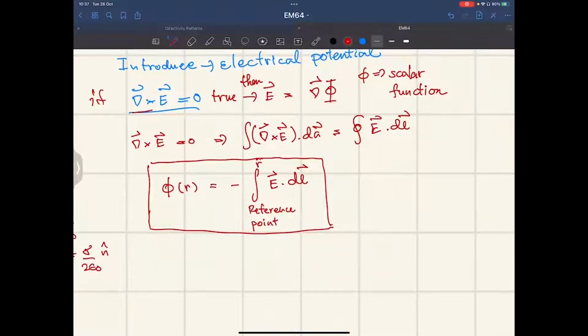Can you tell me how this equation comes from? How are we going to derive it? How do we end up with this equation from what we have? No one.